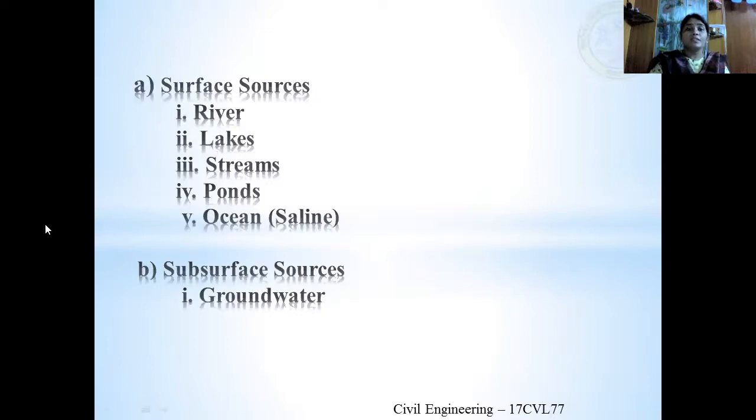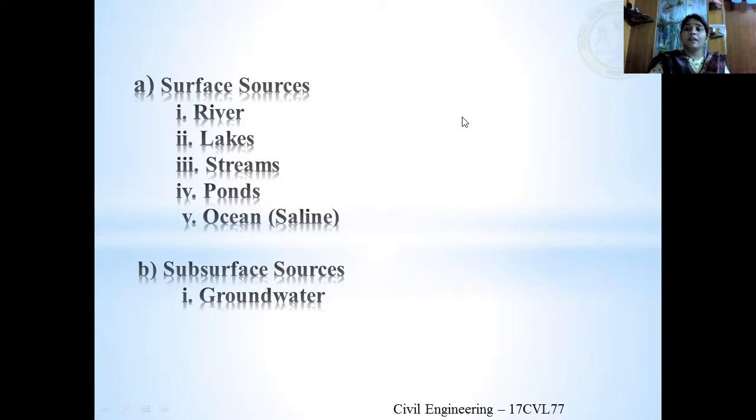So moving on to the sources of water: they may be surface or subsurface. River, lake, stream, ponds, ocean, these are the surface sources. Subsurface is the groundwater: the wells, tube wells, infiltration galleries. All these come under the subsurface sources.